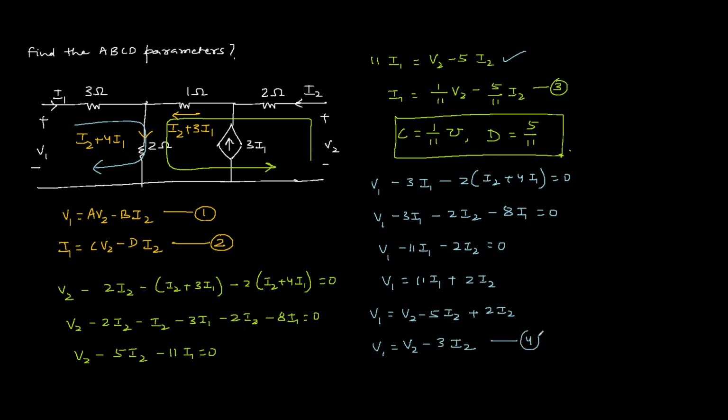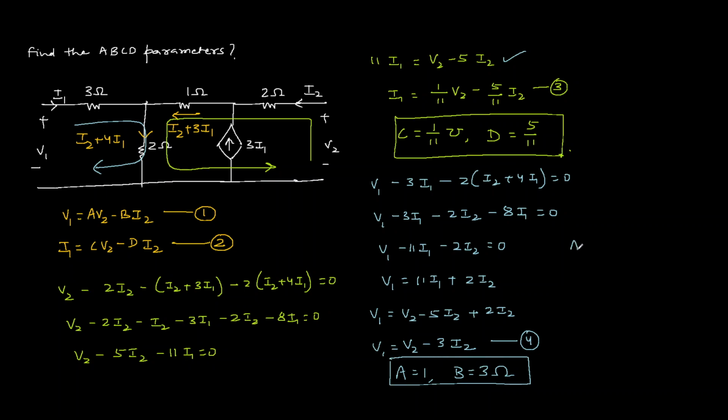This is equation 4, and equation 4 has V1, V2 and I2. Equation 1 has also V1, V2 and I2. So now let's compare equation 1 with equation 4. This will give A equal to 1, which is ratio of two voltages, so unitless quantity, and B is 3, and its unit is ohm.